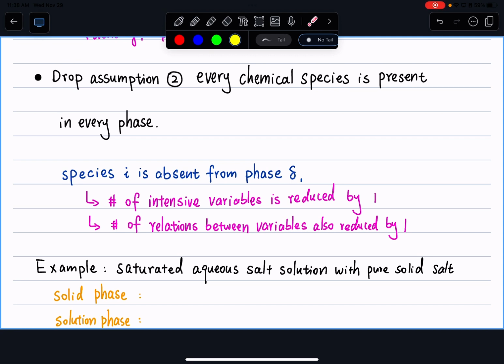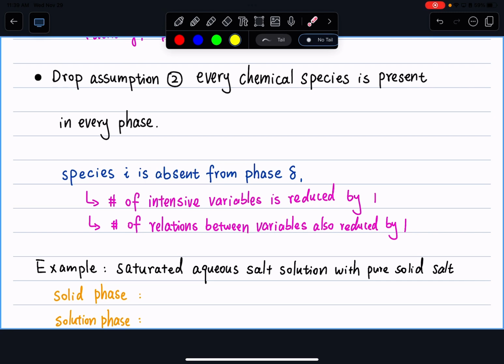This one is actually pretty straightforward, just bear with me with the logic. Instead of having your chemical species in every phase, let's remove it from one random phase, delta here. Now the number of intensive variables is reduced by 1, but the number of relations between variables is also reduced by 1.